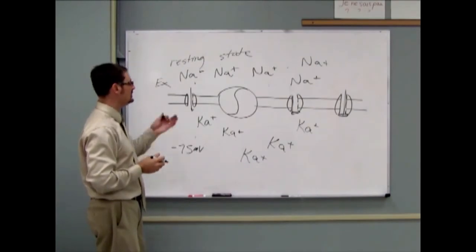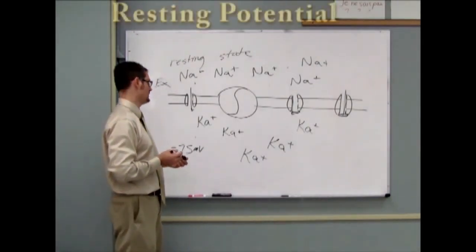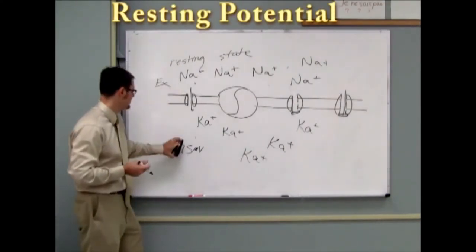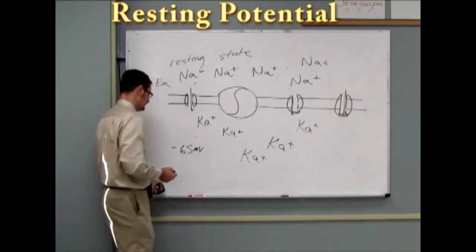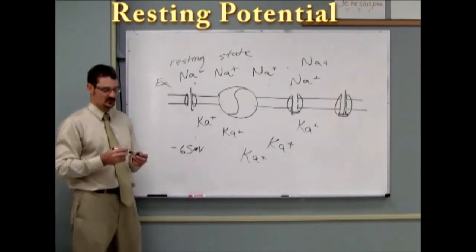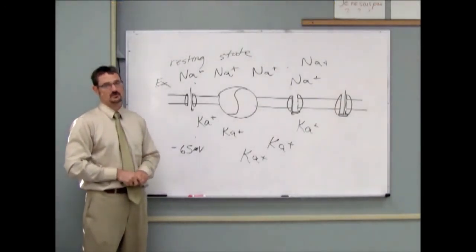So we will now say that the neuron has returned to its resting potential, and that is going to be negative 60 millivolts. So we have returned to the initial resting state. And that is how the action potential occurs.